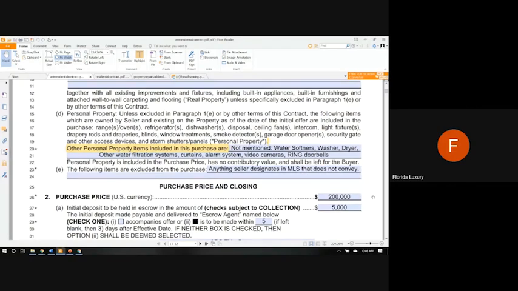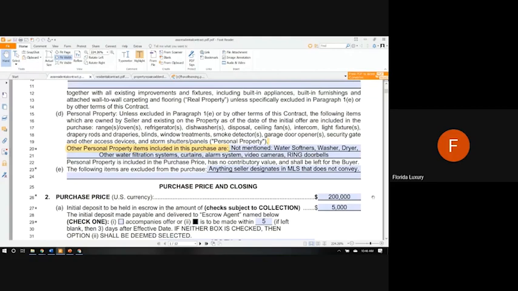So if you want something to stay, it needs to be written here. A water softener, a washer, a dryer, cameras, Ring doorbells. If your buyer wants it, it needs to be put here. Some of them are already there. Correct. There's a couple, like the curtains are up here with drapery rods and draperies. But the question is, what's a drapery and what's a curtain?